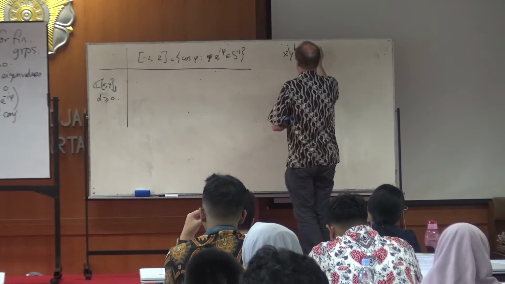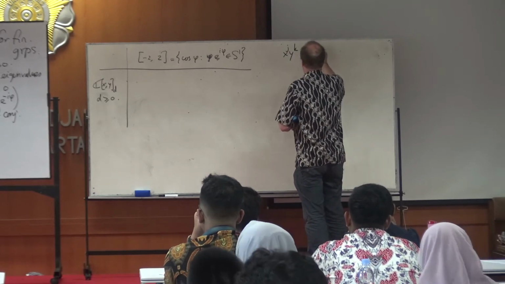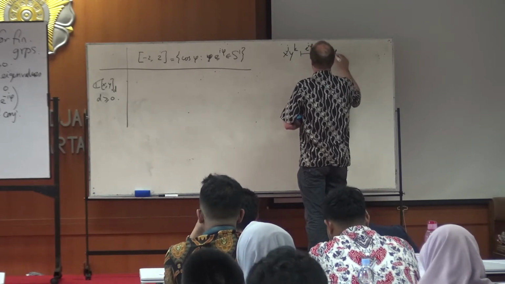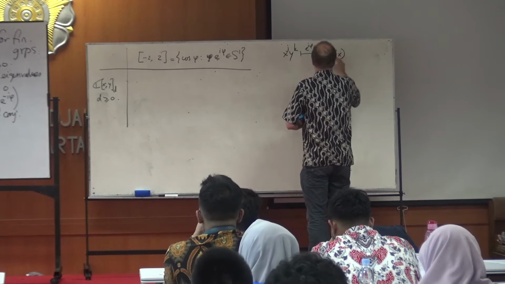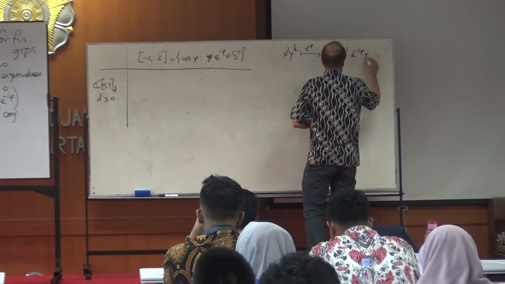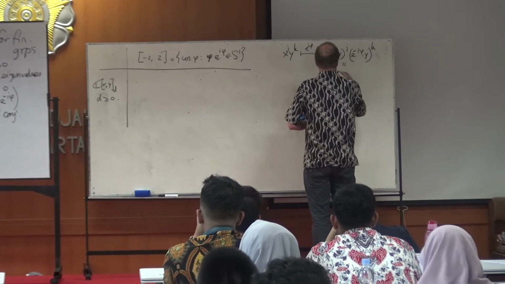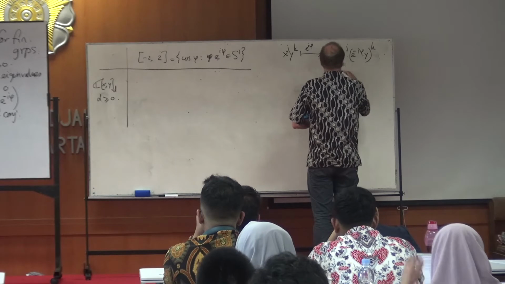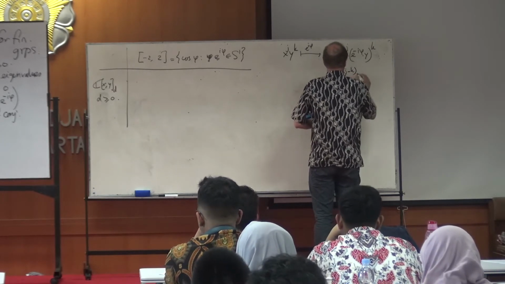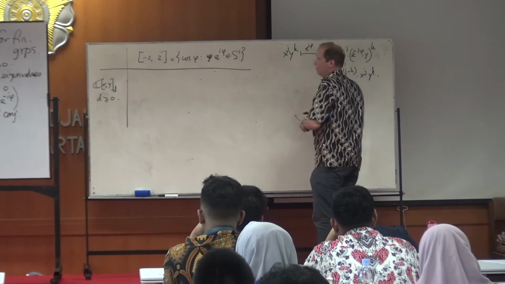X to the j, y to the k goes under this e to the I phi matrix to e to the I phi x to the j times e to the minus I phi times y to the k, and this is the same as e to the I phi, and now I get j minus k, times x to the j, y to the k, right?